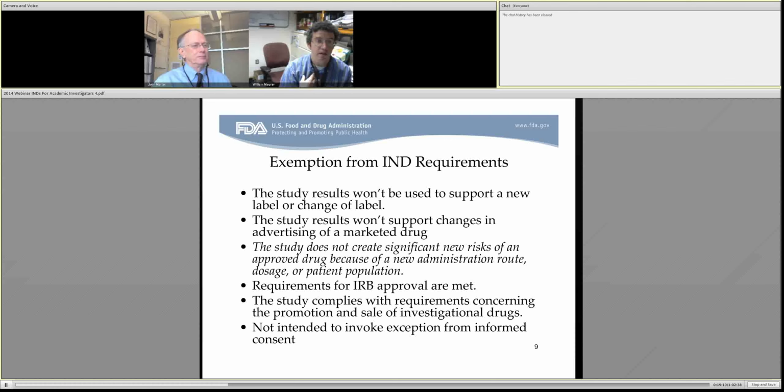And I think in the academic space, frequently it is drugs that are approved for other indications, but the expansion to a new population and the risk-benefit profile in that space, I think frequently it's difficult for the IRB, which is by definition a generalist body, to understand that and know which way to go with it. And they do often defer and request us to send information to the FDA to help with that exemption determination.